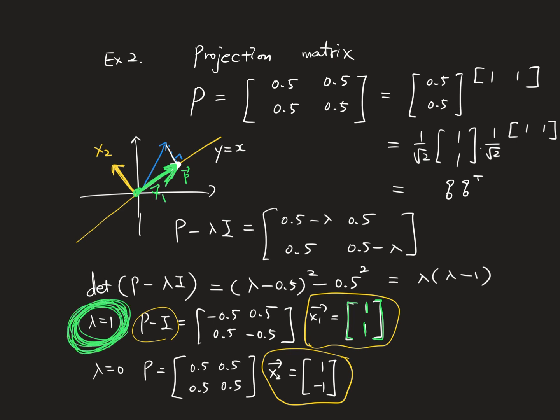That is the meaning of lambda equal to 0.